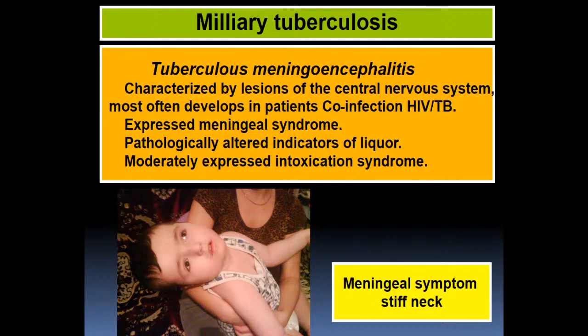Tuberculous meningoencephalitis is a variant of miliary tuberculosis, characterized by lesions of the central nervous system, most often developing in patients with HIV and TB co-infection.